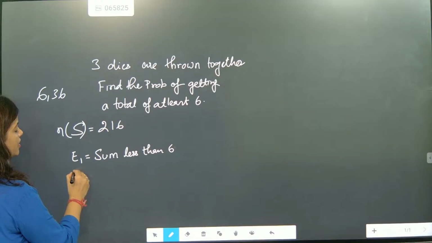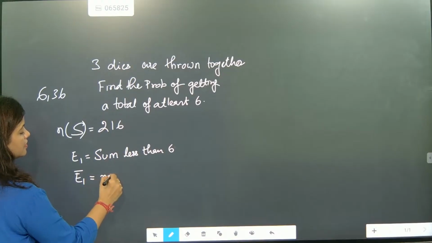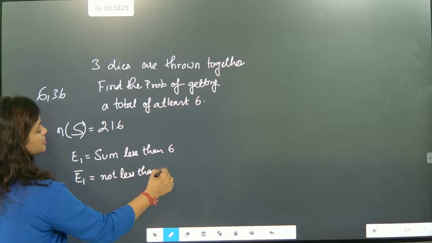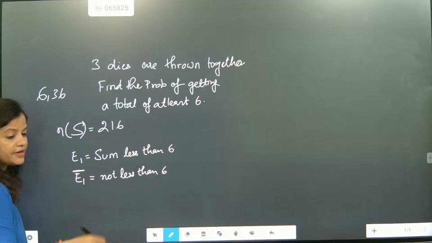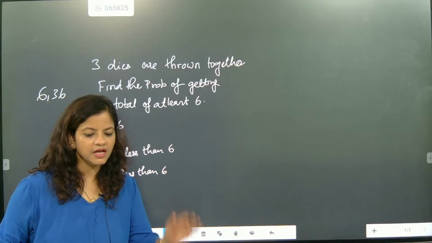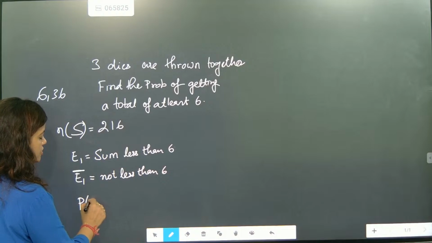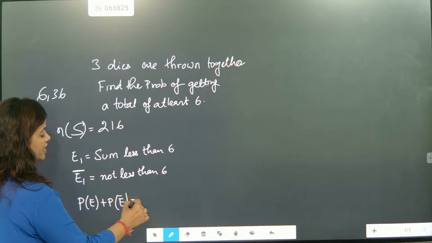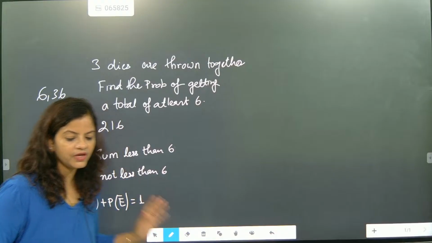Then E1 bar will be not less than 6, that is, E1 bar is greater than or equal to 6. We know that the probability of getting an event and the probability of not getting the event add up to 1. So this is exactly the one we are going to find.